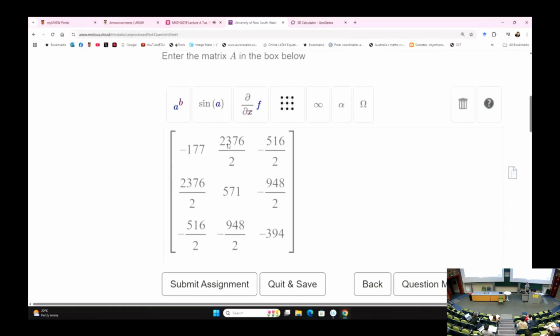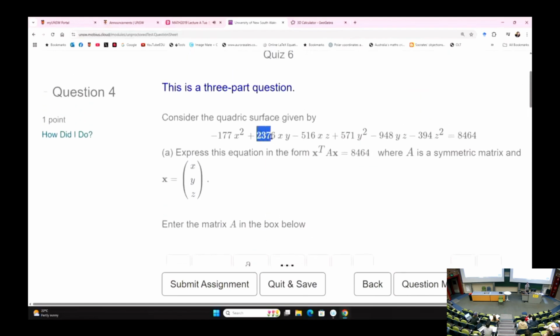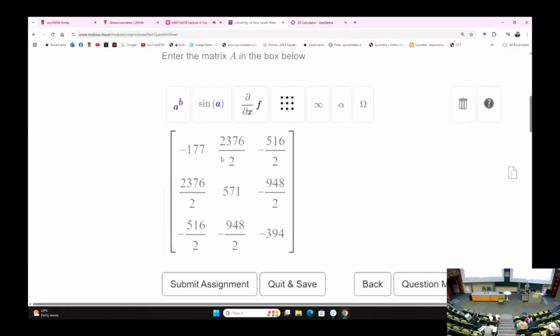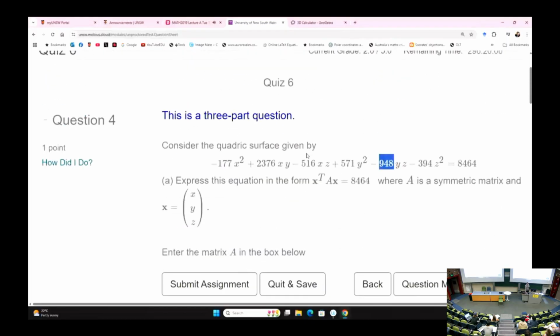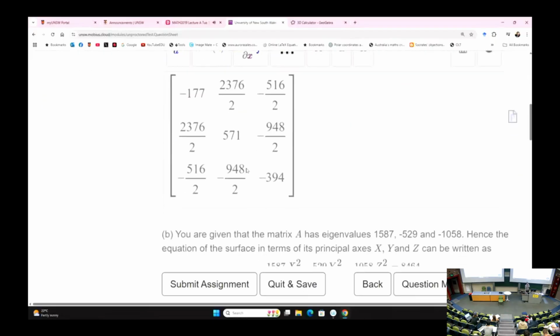And then the other ones, off the diagonal, are half of the coefficient of the xy term, the xz term, and the yz term.